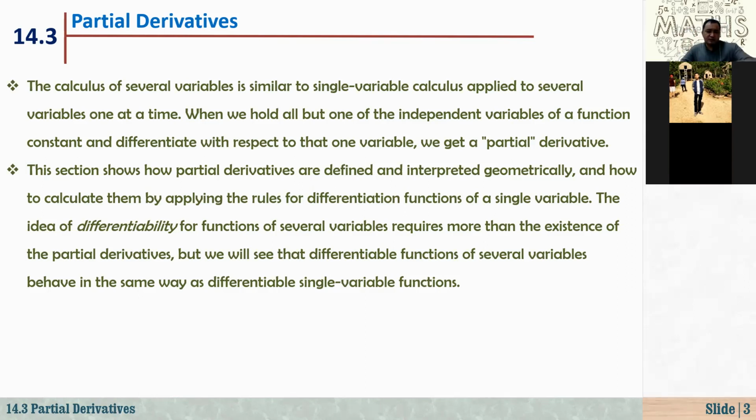We did a similar thing in implicit differentiation. For example, given x squared plus y squared equals 0, differentiating with respect to x, you treat y as a function of x or as a constant with respect to x.